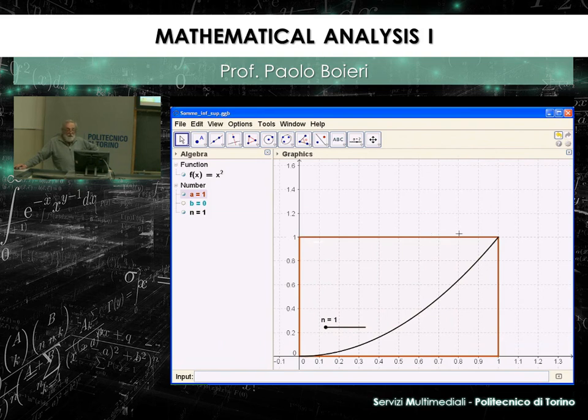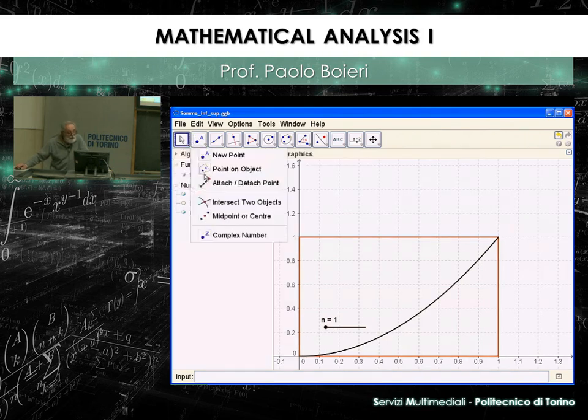It is the value of the function at the point 1. Okay, that is for my function the maximum value. If you divide into 2 parts, you can see that the approximation in the first half decreases.